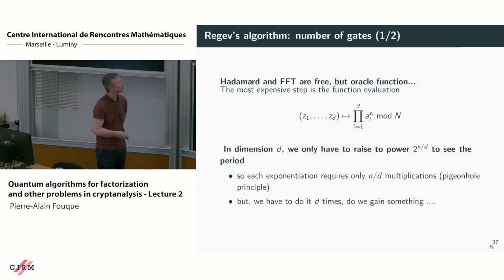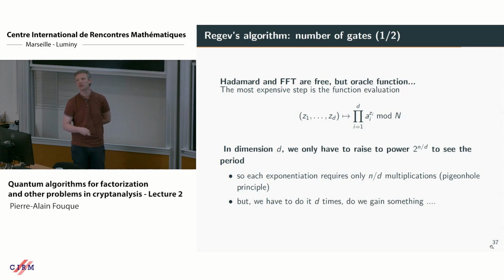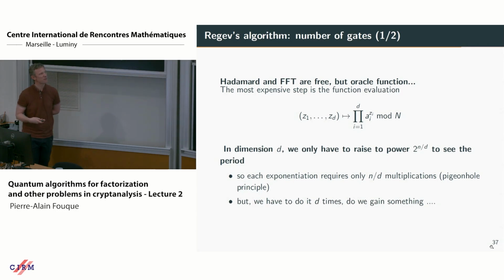But in fact, we have to do this D times. Because I have to compute this value up to size 2 to the n over D, but I also have to compute this product, and so I have to do this computation D times. Okay? So I'm not sure that it will be helpful for me.